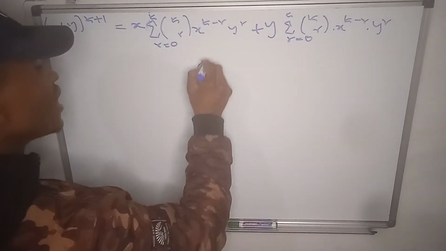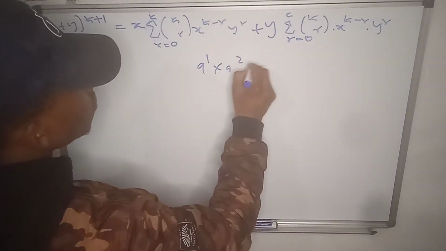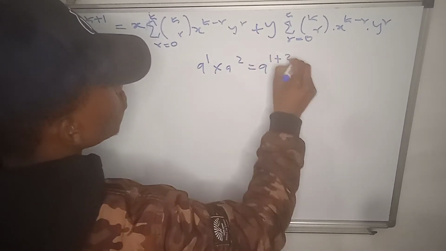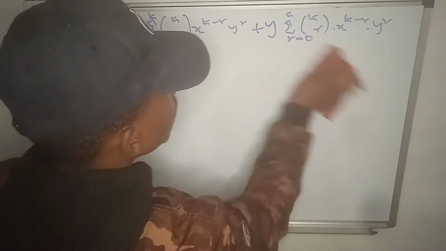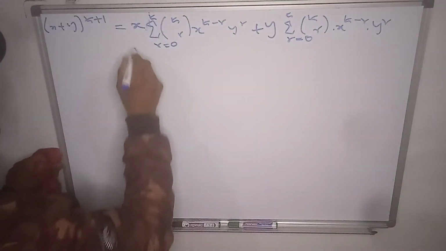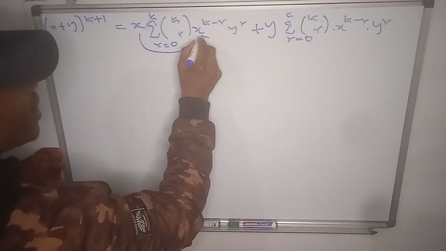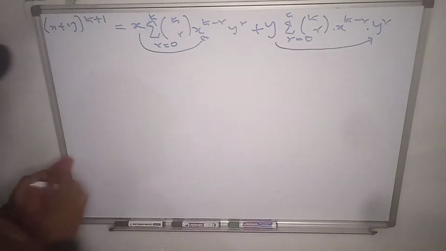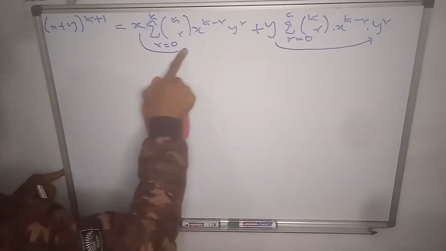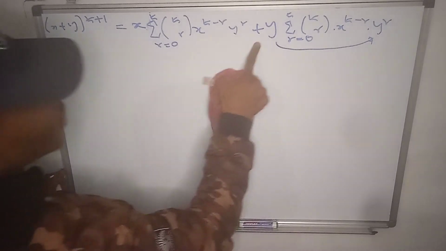But we know that a to the power 1 times a to the power 2 is a to the power 1 plus 2, which is a to the power 3. So we are going to multiply this x here, and it's going to add 1, and then this y here is also going to add 1.